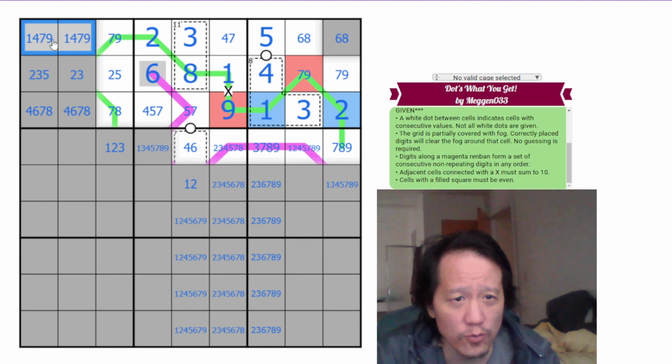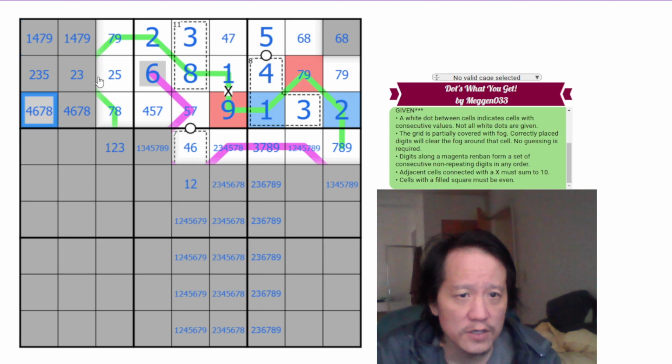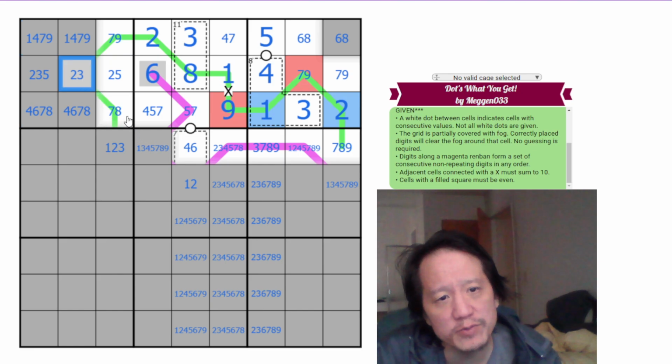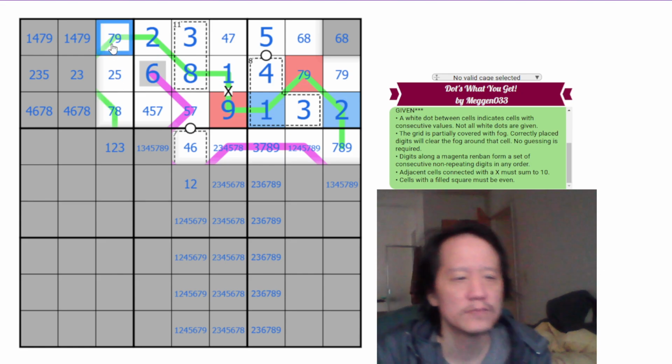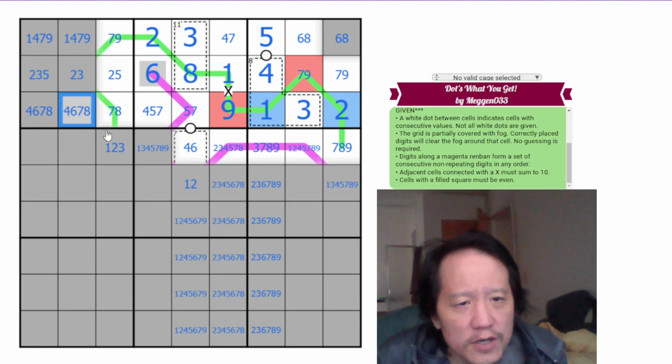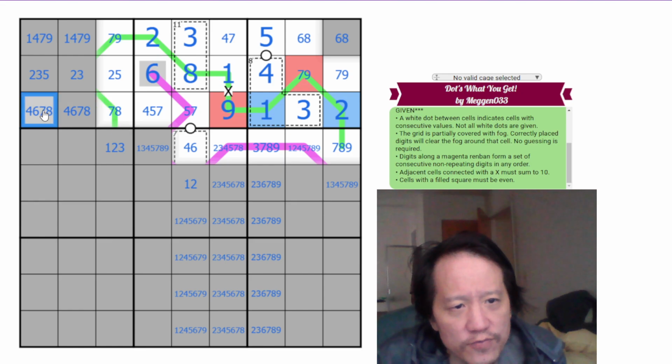We know 4 is one of those two. So if this is 2, this is 4. Or if this is 2, 4 has to be here. If this is 2, this is 3, which makes this 8, 9. Which means 4 cannot be either of these, so 4 would have to be here.